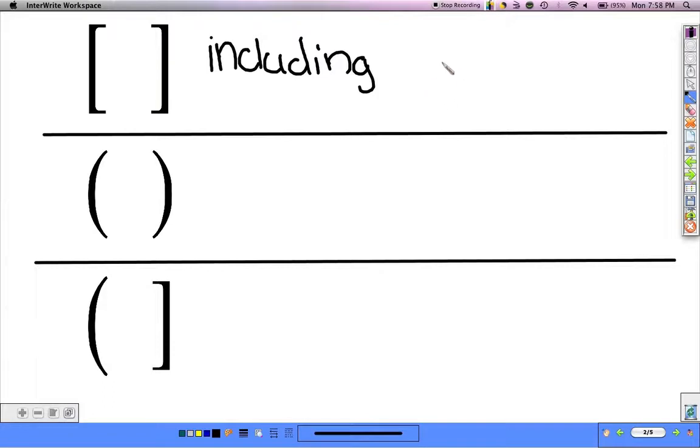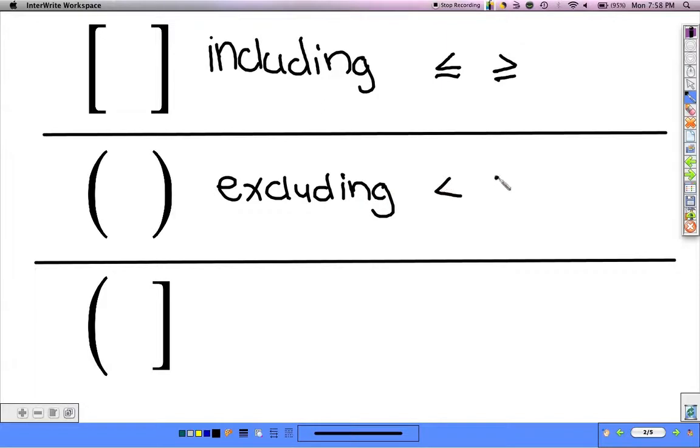So that is going to be a lot like seeing either less than or equal to or greater than or equal to. That's how you know you're going to be using those. If we just have the curved parentheses, then that will be excluding, and that's going to be like just less than or greater than.